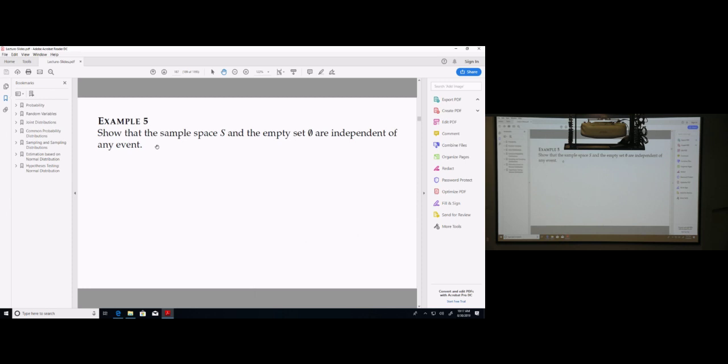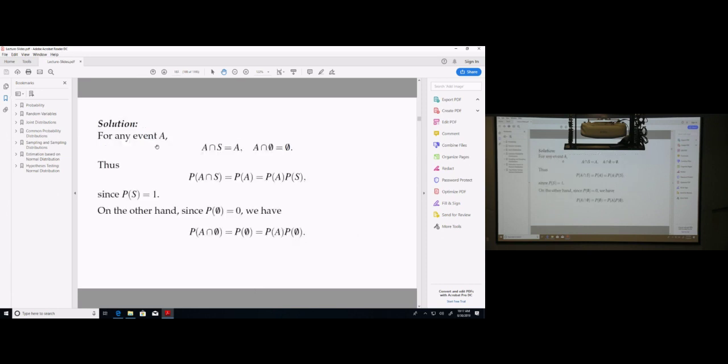We look at the event which happens to be the entire sample space S. The conclusion is that if I consider the entire sample space as one event, and you give me any other arbitrary event, the sample space and the arbitrary event will always be independent. To verify that they are independent, I need to verify whether this is equal to the product of this.